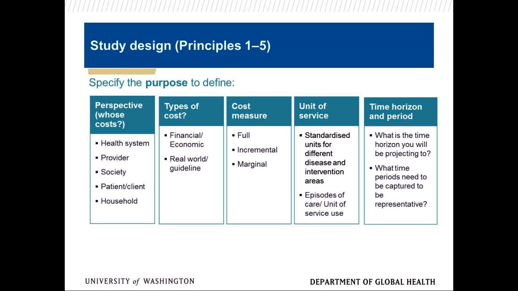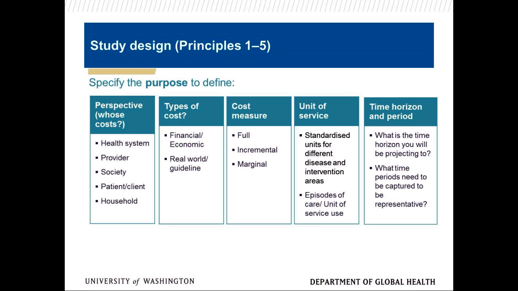Is it the health system? Is it a societal perspective, where we care not just about the health system, but the patient and even other sectors? Societal means that if I use resources to provide these services, they are not available anywhere else in society. And we want to understand that perspective as well.